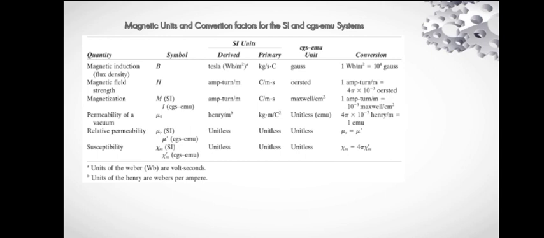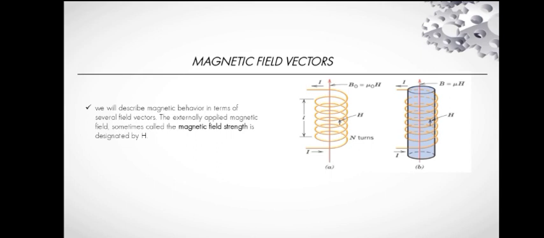Next is the relative permeability, denoted by mu r, and it is unitless. Lastly, the susceptibility, which is unitless. The magnetic susceptibility and relative permeability are related.